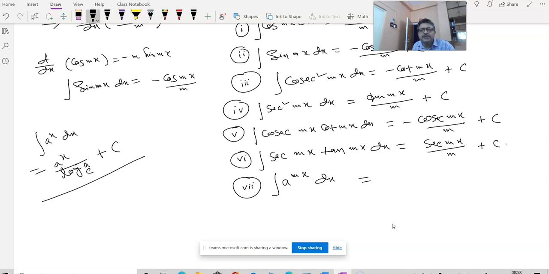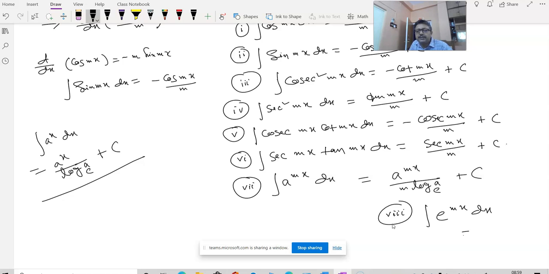So here this is going to be a to the power mx by m log a base e plus c. In particular, if e to the power mx dx is there, no log factor will be there, it is simply e to the power mx by m plus c.